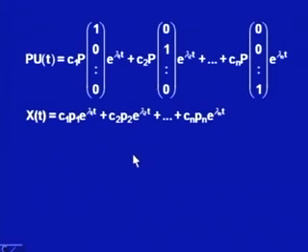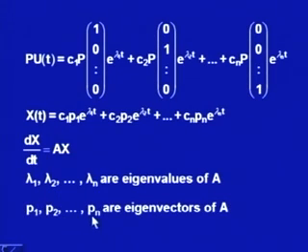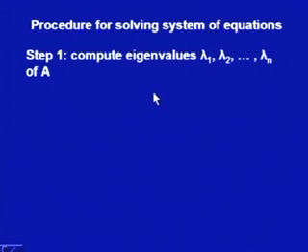particular manner. So, if dx/dt is equal to Ax, and lambda 1, lambda 2, lambda n are eigenvalues of A, and P1, P2, Pn are eigenvectors of A, then the solution of this differential equation is expressed in terms of eigenvalues and eigenvectors. This gives us a procedure for solving a system of equations.